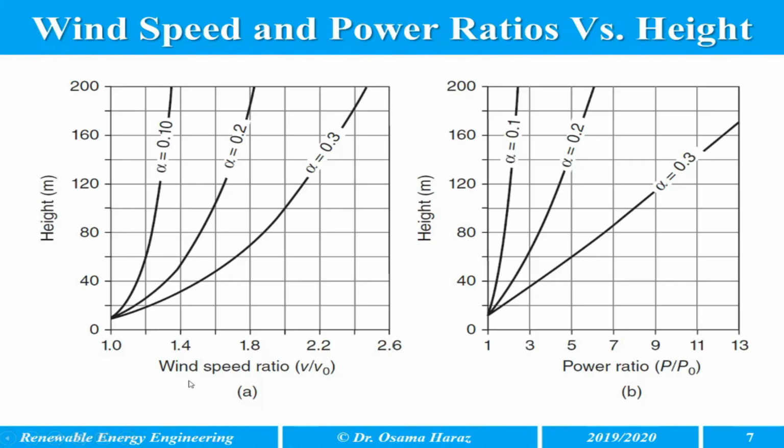What will happen to the wind speed and the power ratio when the height increases? When the height increases, the wind speed increases with this rate, and the power ratio increases with this rate. These graphs have been plotted for different alpha values, from 0.1 to 0.3.